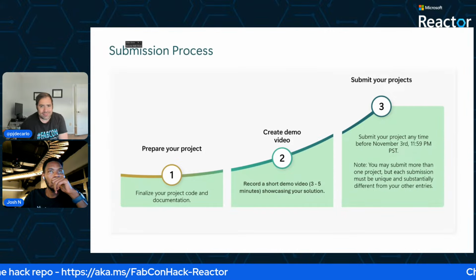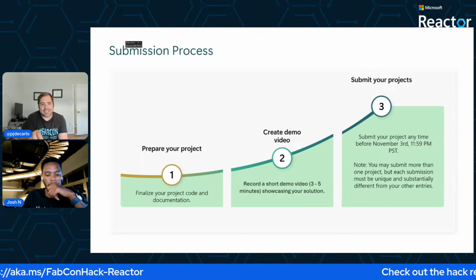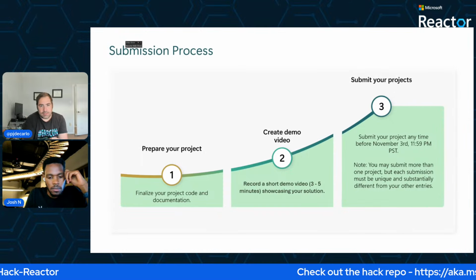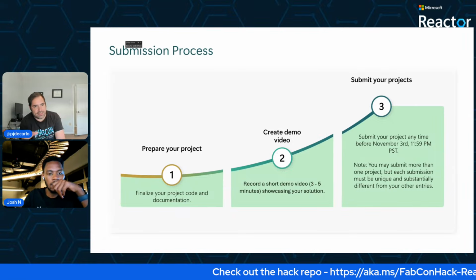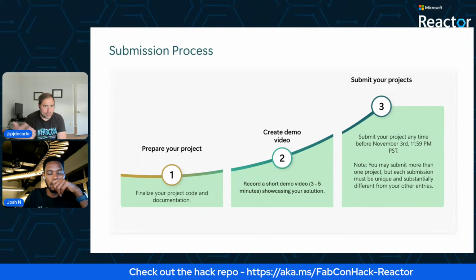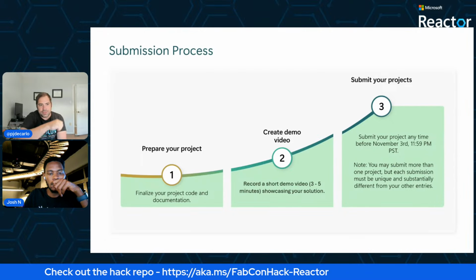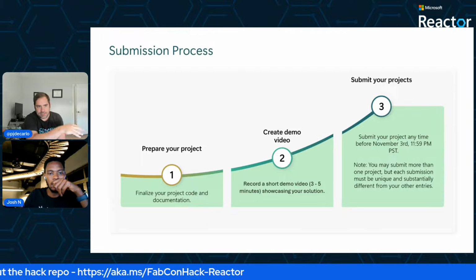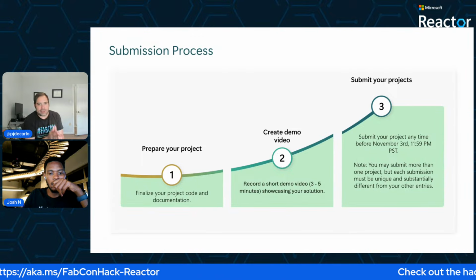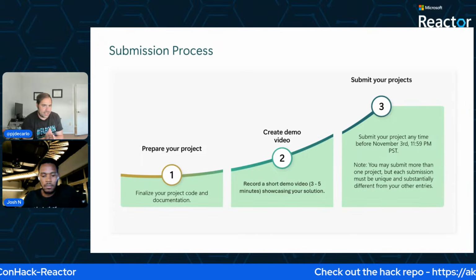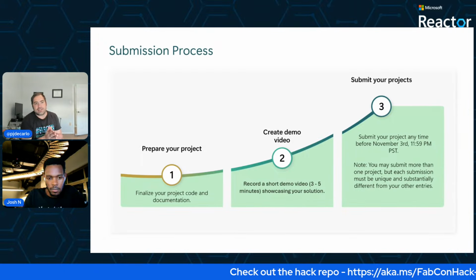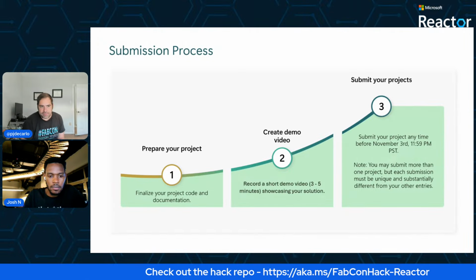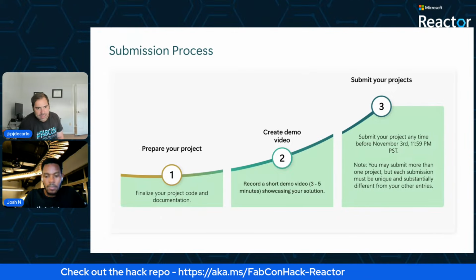Now, each submission we're asking should be unique, and we want it to be different than any of the other entries. So if you're submitting multiple projects, there should be some sort of uniqueness between them. If you have a single project, of course, make sure that you're submitting that. And of course, aligning it to the appropriate category. And I believe Josh will show us exactly what that mechanism looks like.